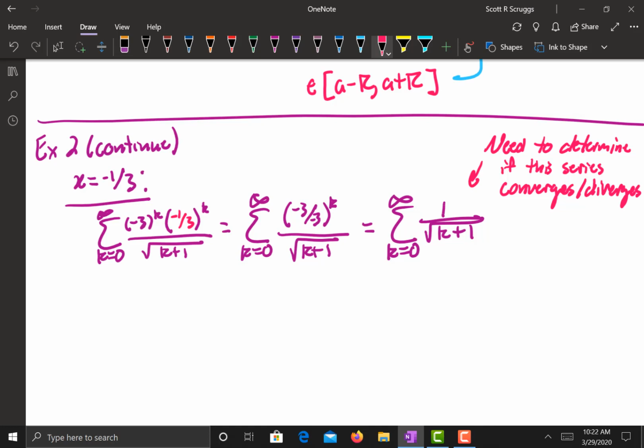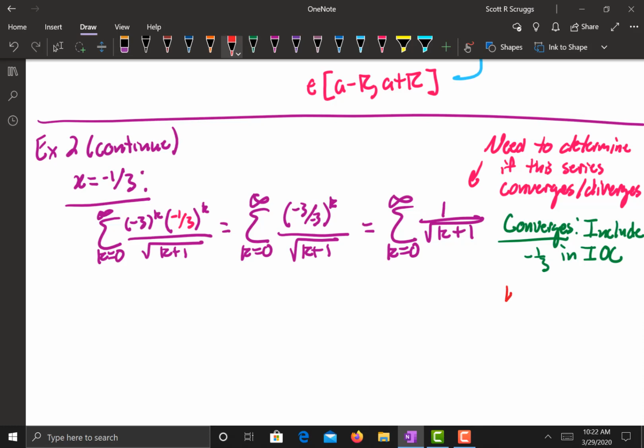The reason why I need to note that is if it converges, then that means I include the negative 1/3 in the interval of convergence, because that tells me that at negative 1/3 my series is still convergent, so it's still fair game for me to include.